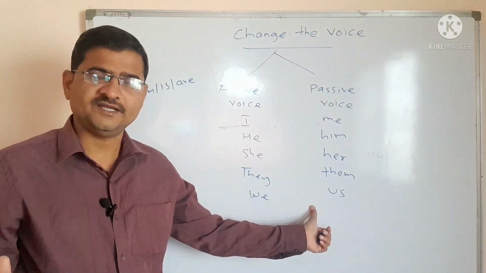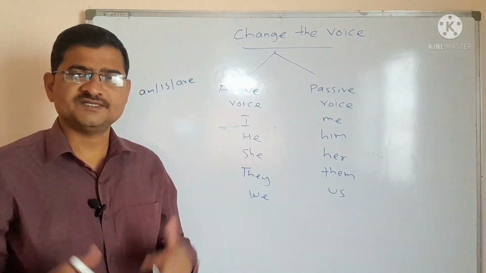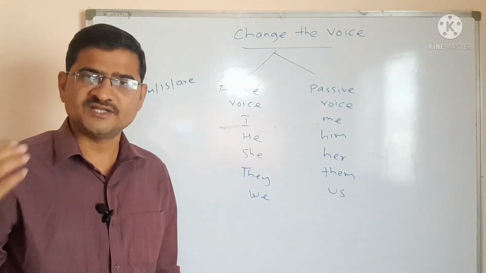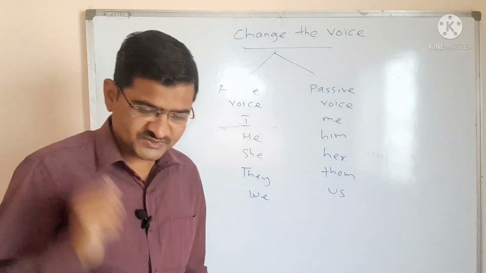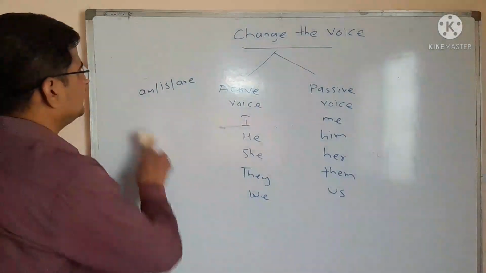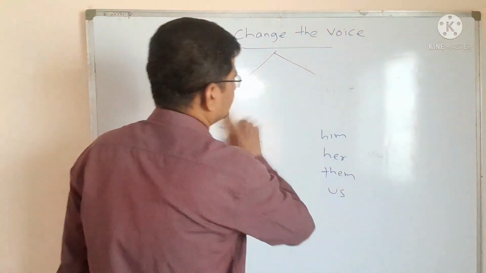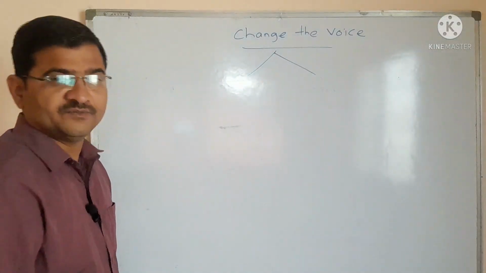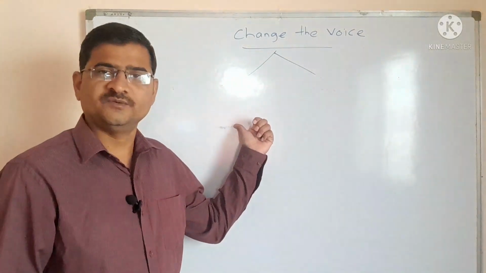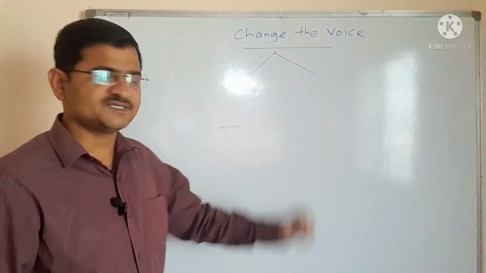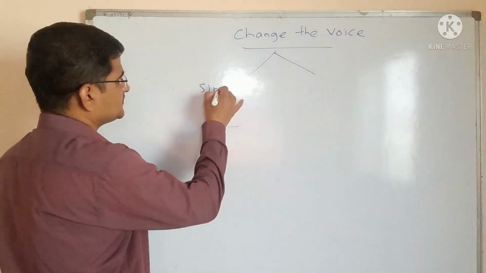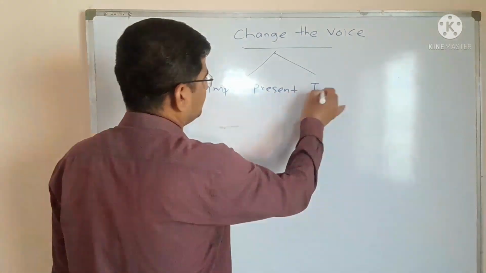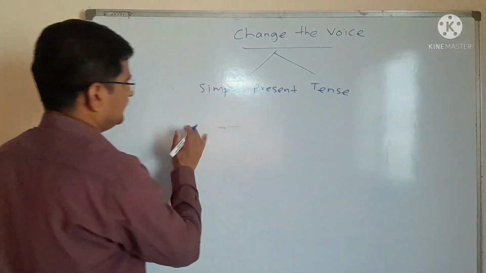Now we will study various examples of active voice, and we will try to transform them into the passive voice. We will start it tense wise. So first of all, we will study how to convert the sentences of simple present tense into the passive voice. Simple present tense.